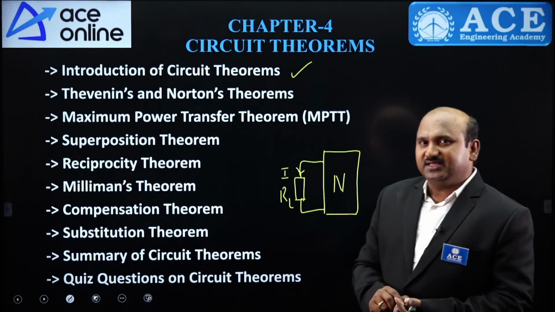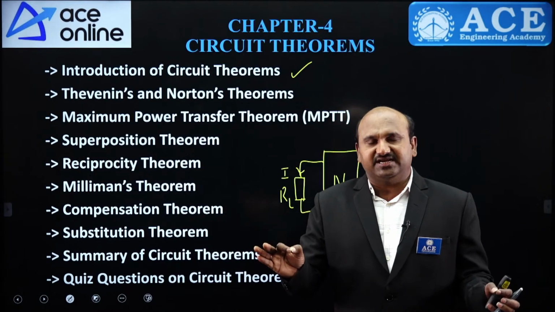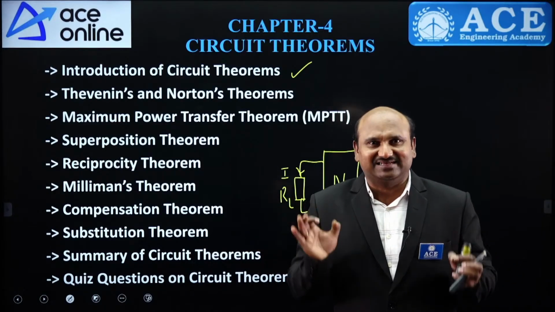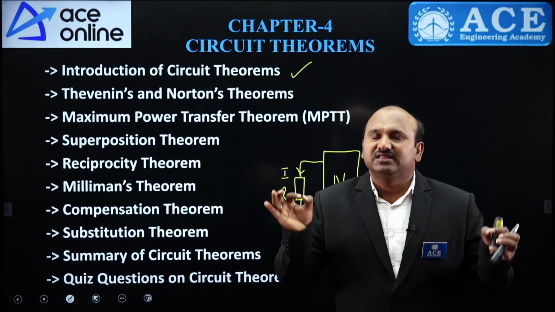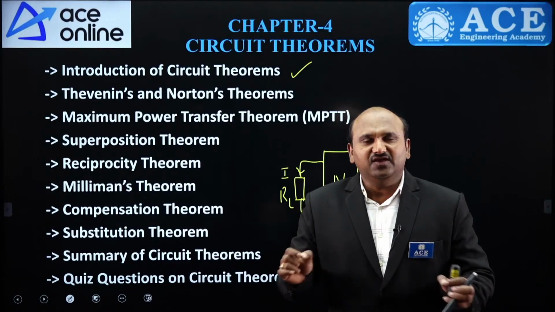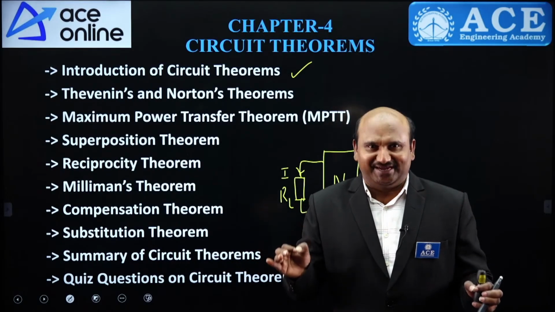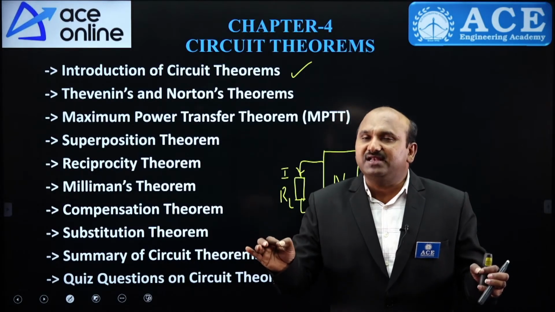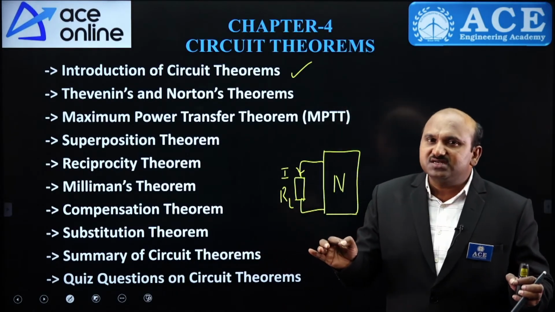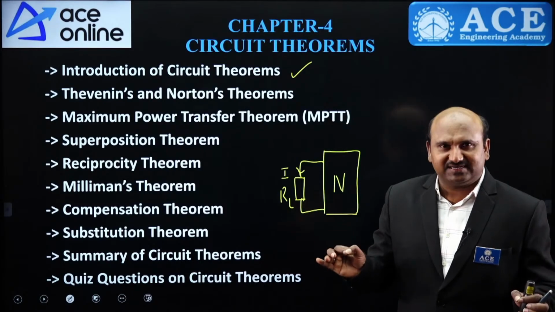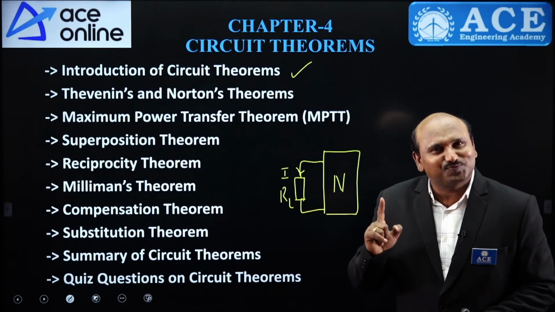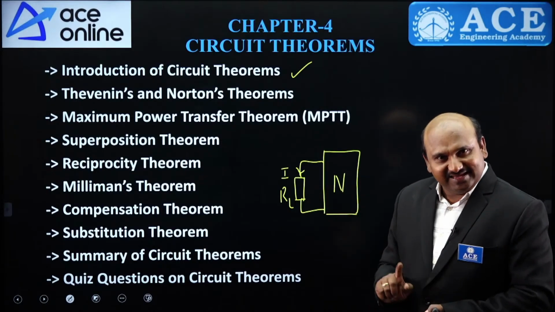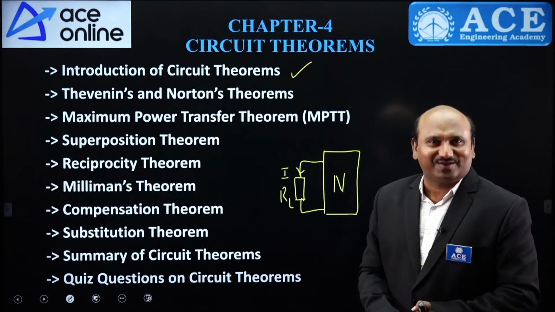I can give a simple statement about when you need to select the circuit theorems. If the network is complicated, that is, it has several sources and multiple resistors, inductors and capacitors, and if a single branch response is desired, then we need to use circuit theorems.